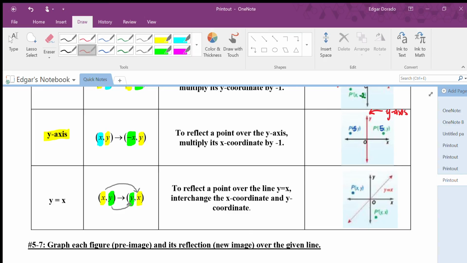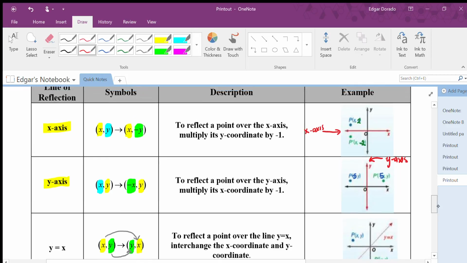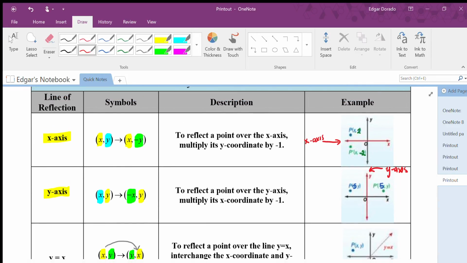So let's say, for example, I had the original coordinates 3, 4. My new coordinates are going to be 4, 3. All right, that's exactly what that rule means. And actually, maybe I should give you guys examples of the top ones. If my original here was 3, 7, then my new one is going to be 3, -7.